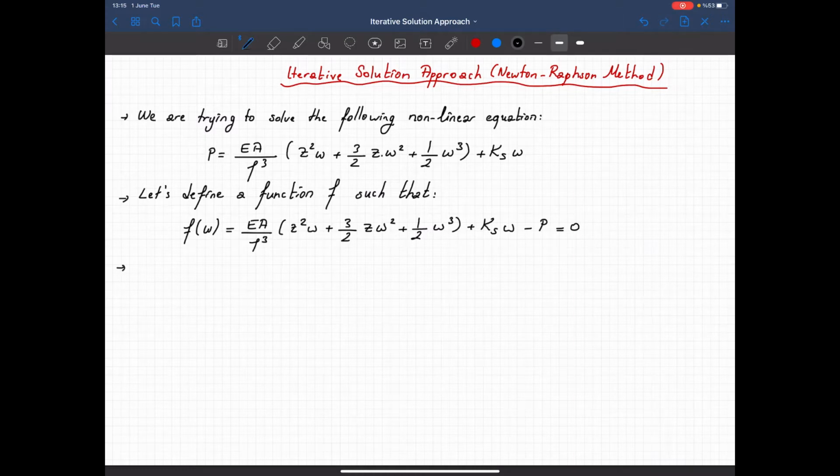Now, if we take the Taylor series expansion of this equation, let's call this equation star.